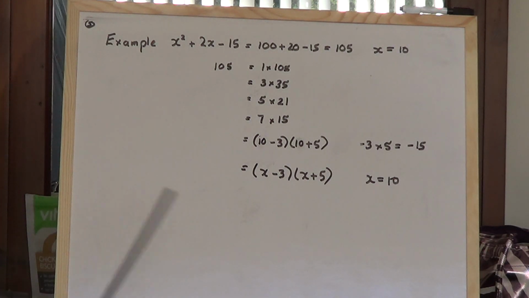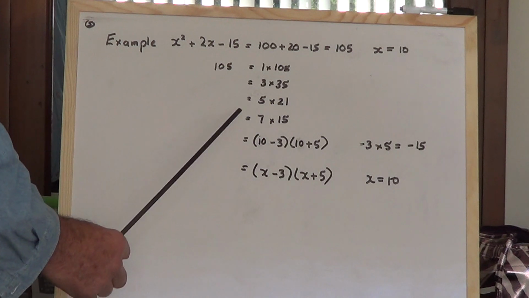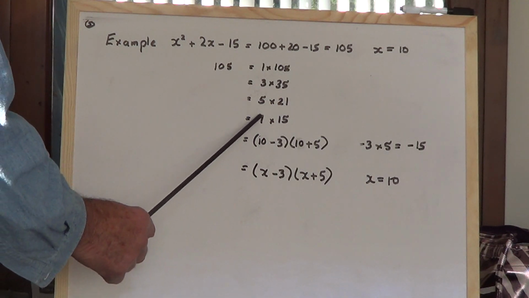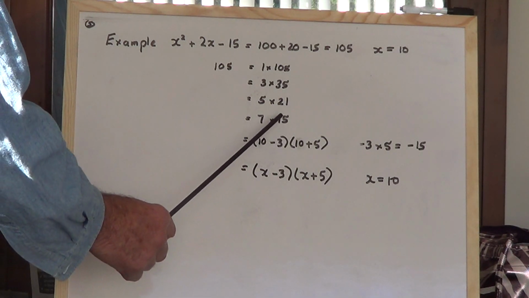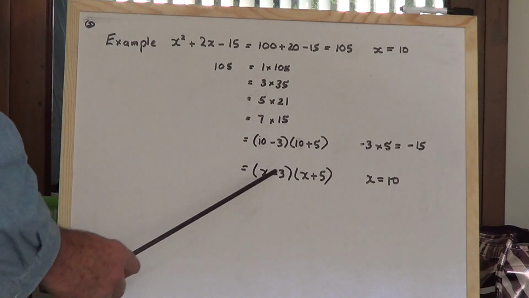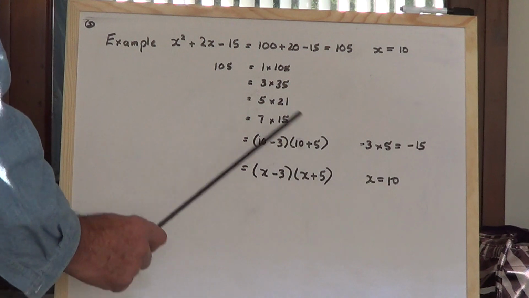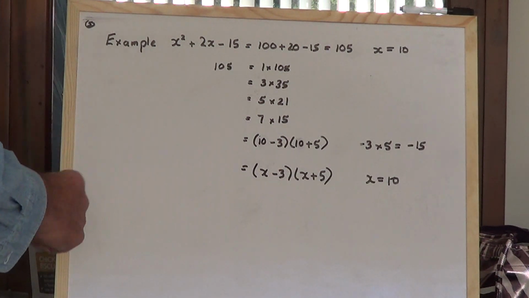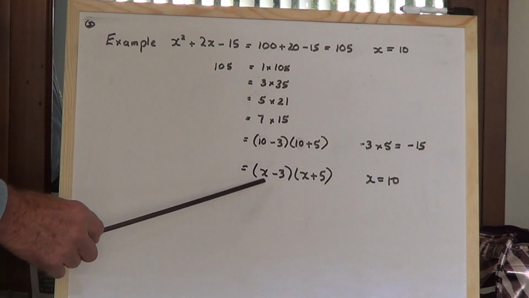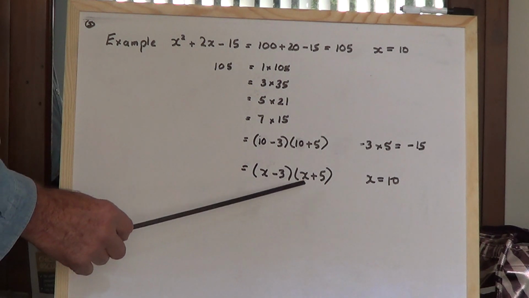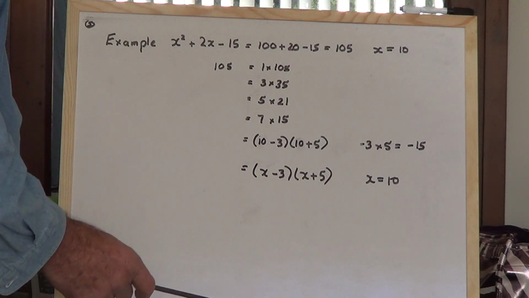Seems the last one seems to be the most promising. So 7 is just 10 minus 3, and 15 is 10 plus 5, and minus 3 times plus 5 is going to be minus 15. We've got a minus 15 on the end, so we've got a match. So it factorises to give us x minus 3, x plus 5.